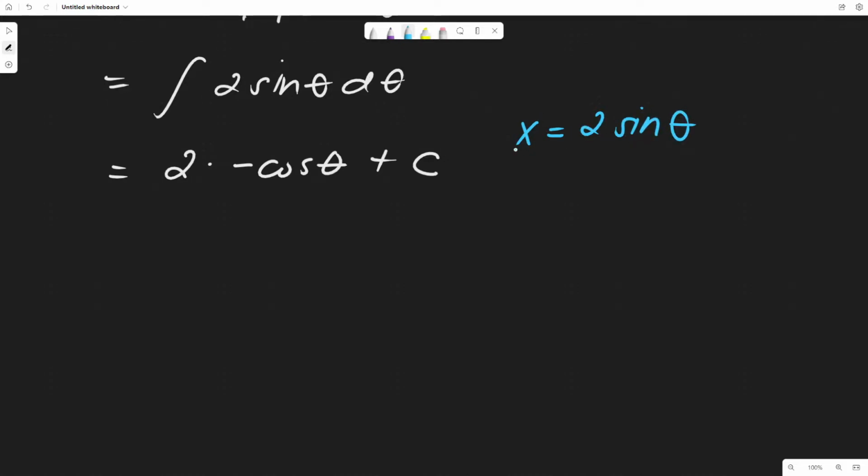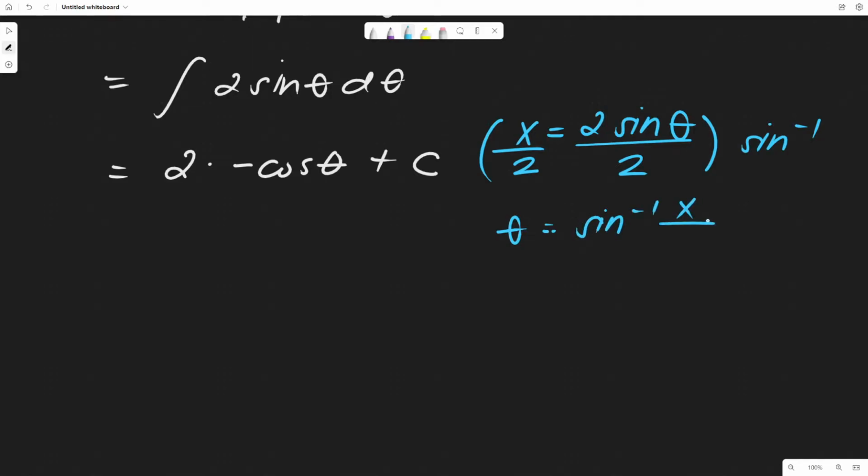Dividing both sides by 2, then taking the arc sine to separate the sine from theta, theta is equal to arc sine of x over 2. So that is what we will substitute for theta. We have negative 2 cosine of arc sine of x over 2 plus c.